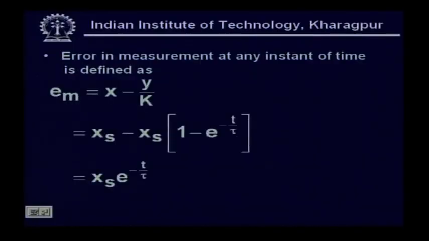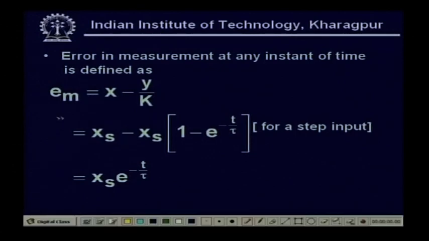Error in measurement is defined as E m, where we have used the subscript m to tell that it is the error in the measurement, equal to x minus y by k. Ultimately it will be x s minus x s multiplied by 1 minus e to the power minus t by tau, and for a step input it is equal to x s into e to the power minus t by tau.